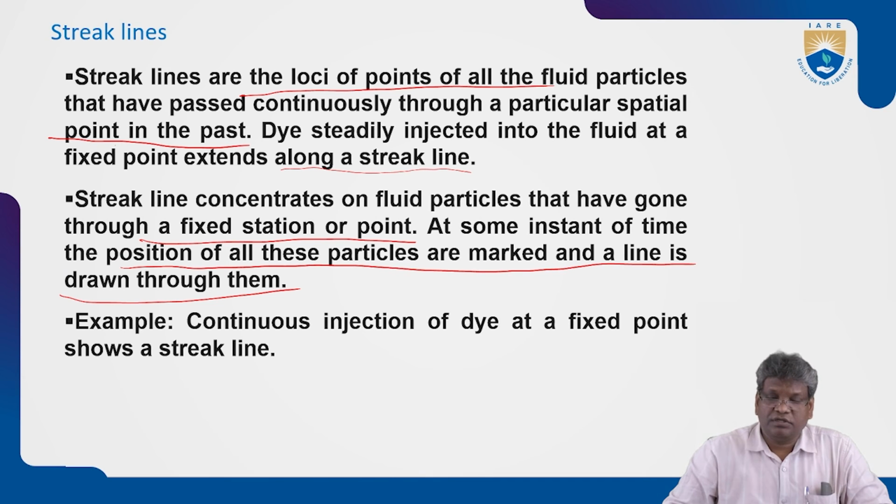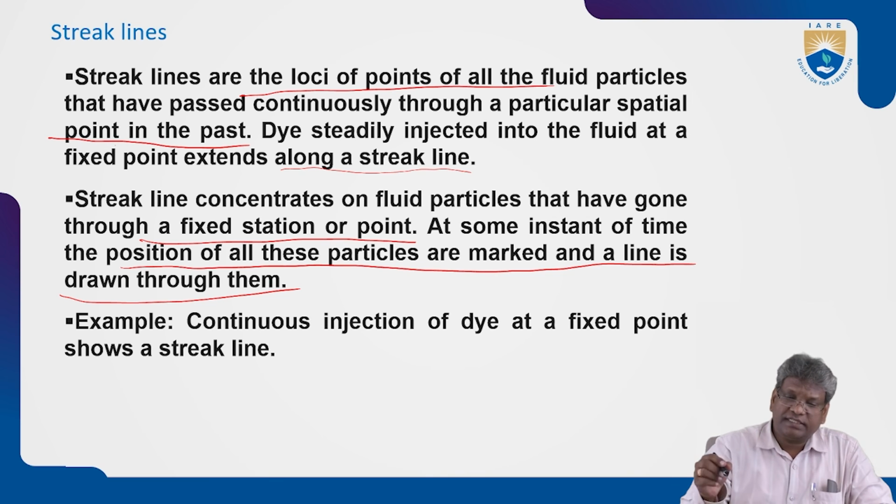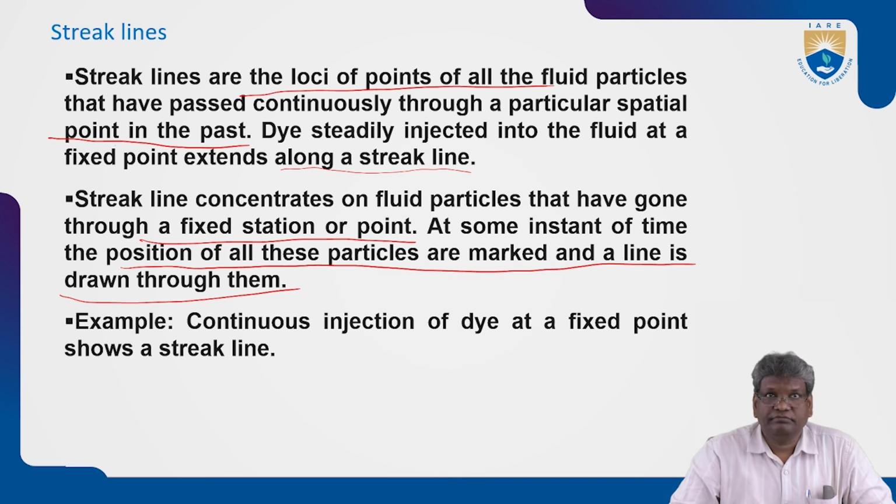At a particular instant of time, say 5 seconds or 8 seconds, the positions of all these particles are marked and a line is drawn through them. That line is known as a streak line.